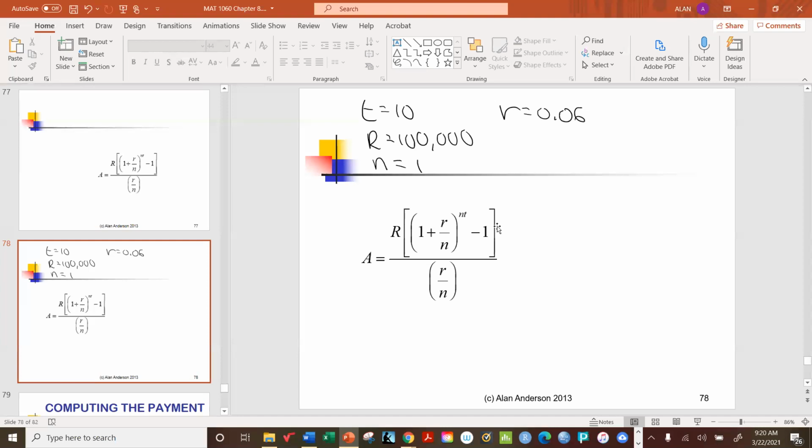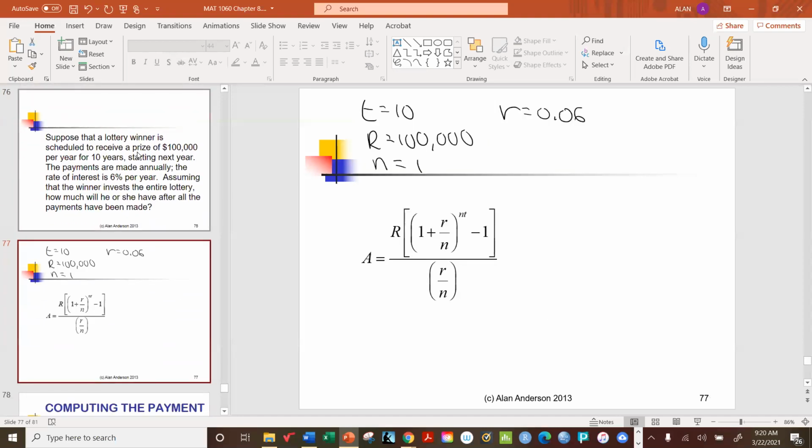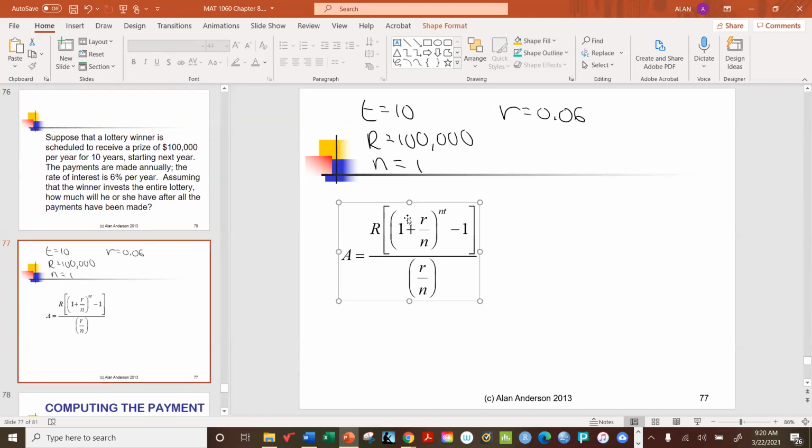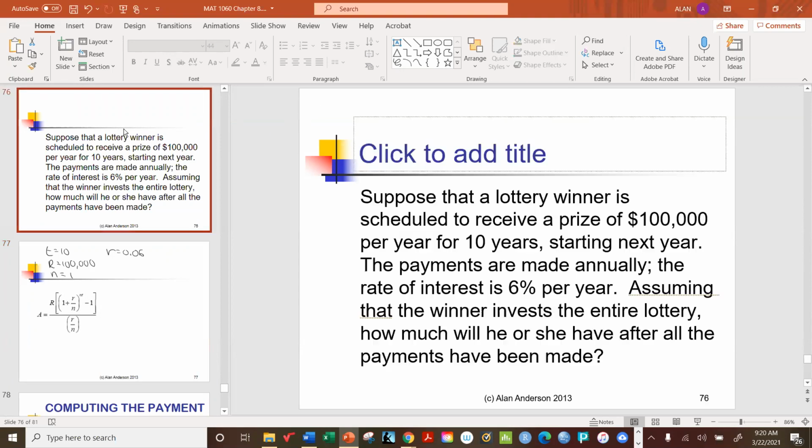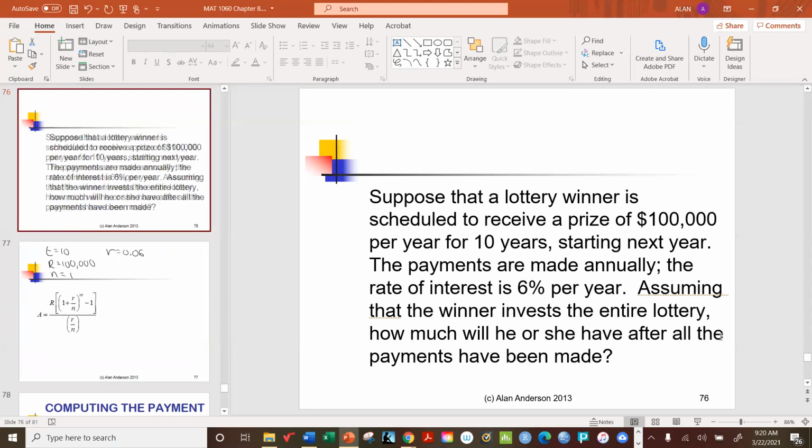Whenever n is 1, that really simplifies things quite a bit. Why don't you try to figure out how much money this person will have at the end of those 10 years? So this is that $1 million lottery, which they are only getting $100,000 per year for 10 years, but they're investing all of it at a rate of 6%.